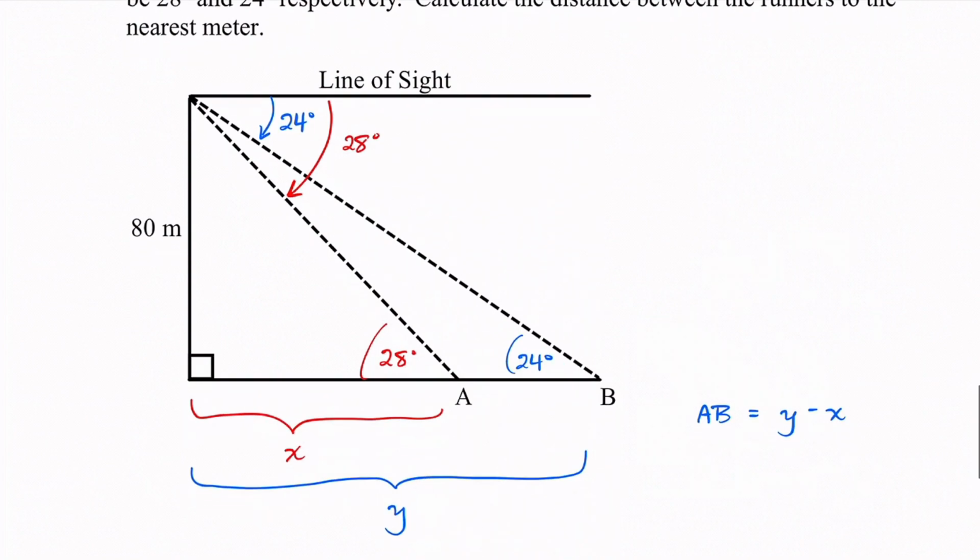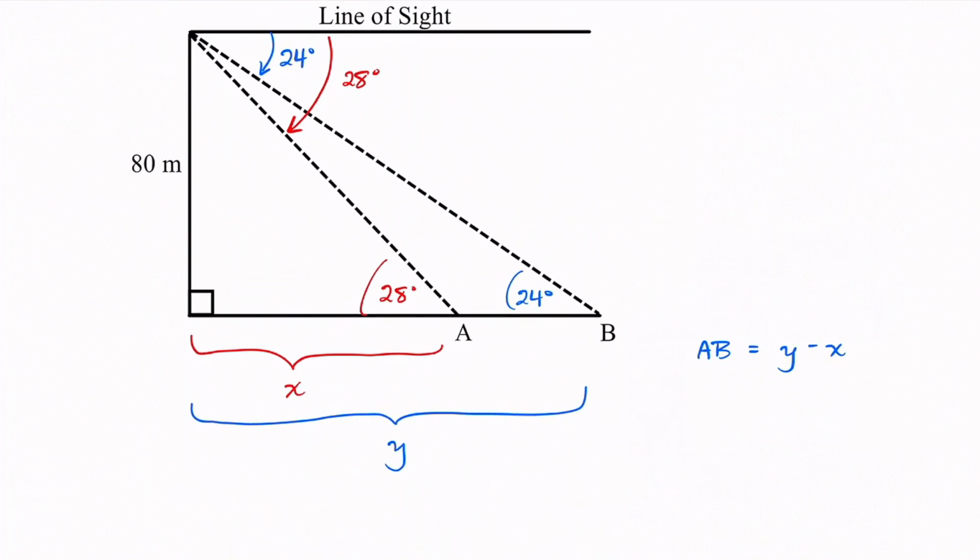So let's find X first. Using the angle we had, we're standing at this corner looking to the far end, that is the opposite, so I can label that. And then the side I wanted to find is nearby, so that is adjacent.